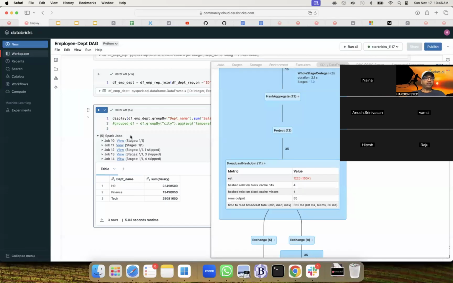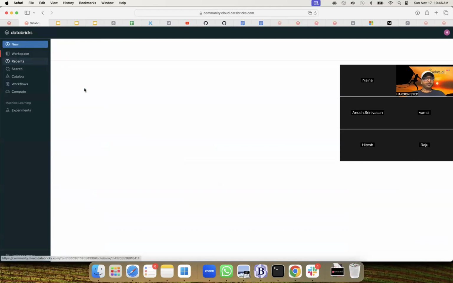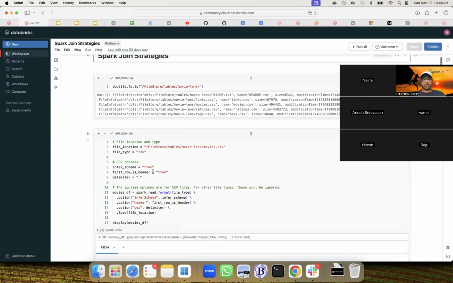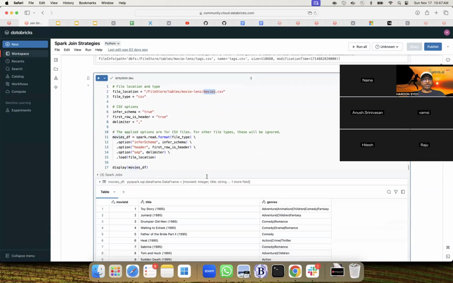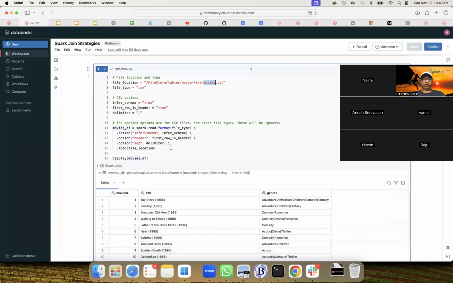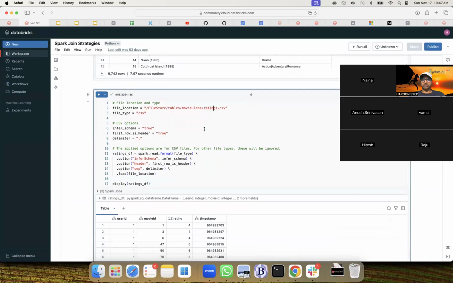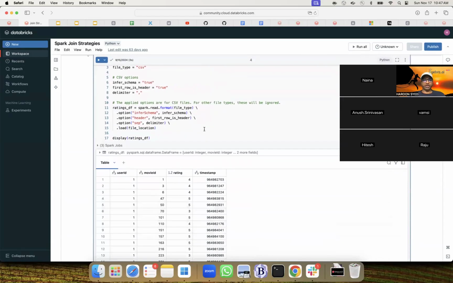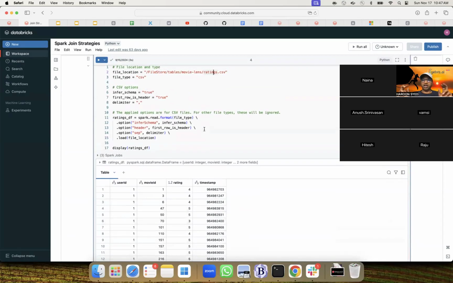Now we have here, okay, I'm taking my old data set movies, reading the movies data set and then ratings. We have already done these simple joins when we were doing batch processing. We are redoing this, but this time we are putting on the lens of focusing on the strategies.